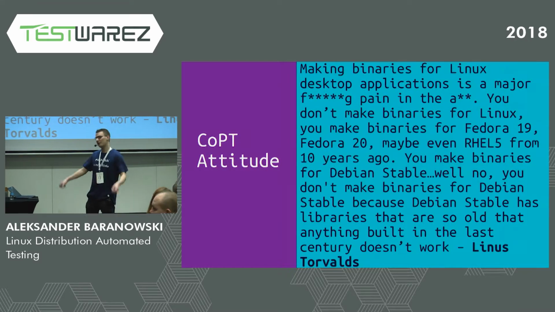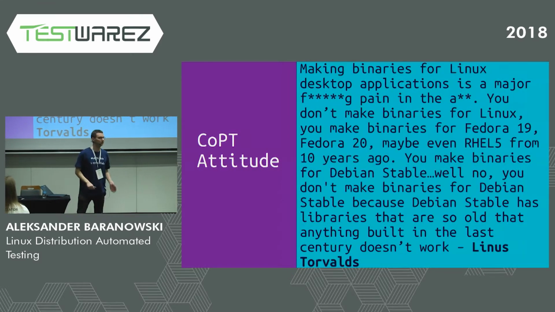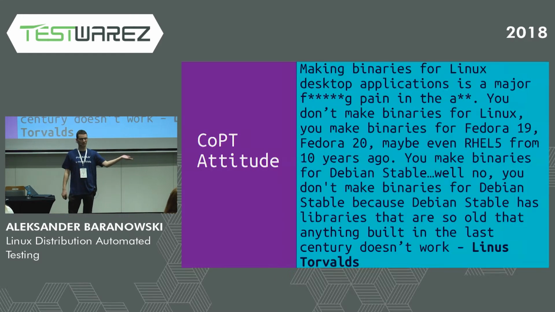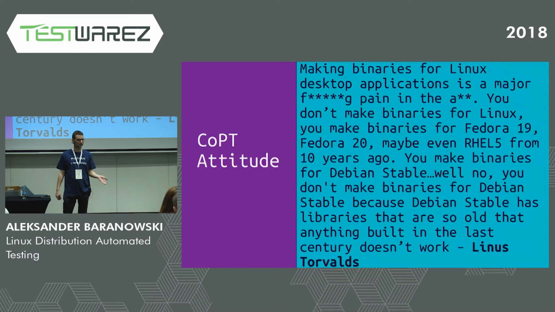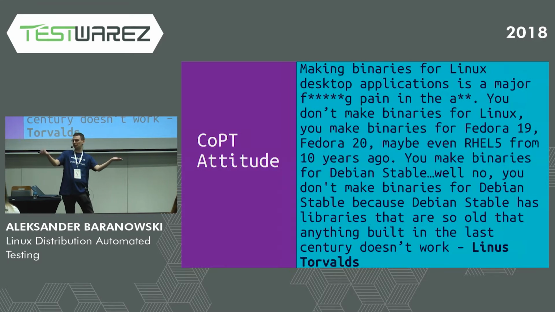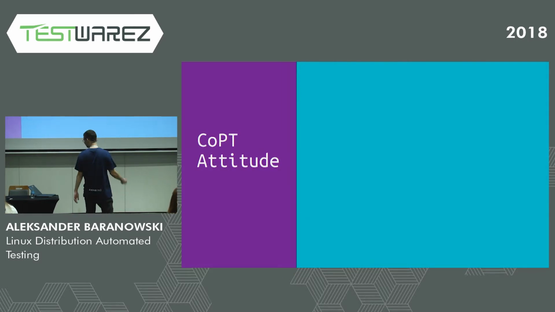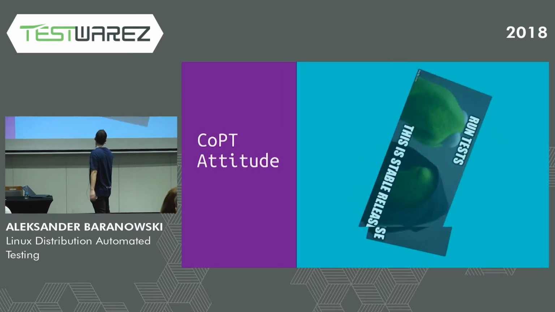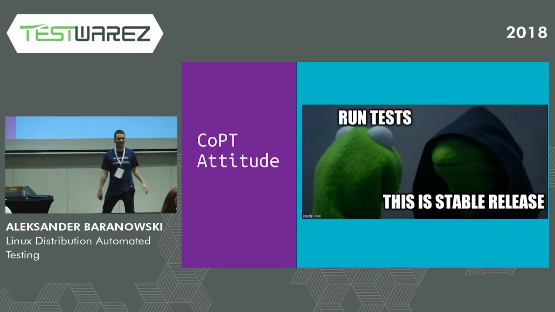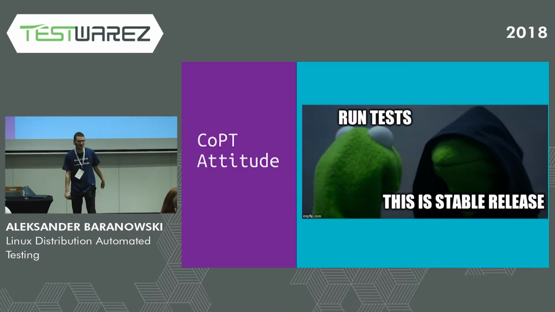So, it's mentally and logically impossible to say that each distribution is different and because of that there is a problem, and say testing is useless because we are using the stable releases. And it's represented by this very evil Kermit meme that I'm really enjoying. The good side of packages says, run tests! And the bad one says, there's a stable release.